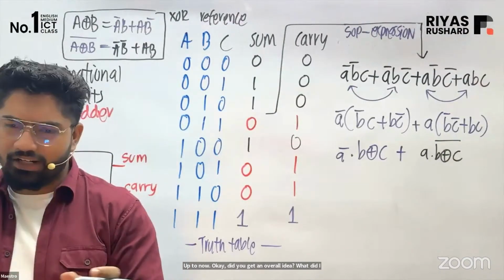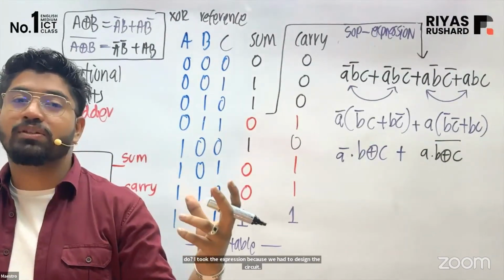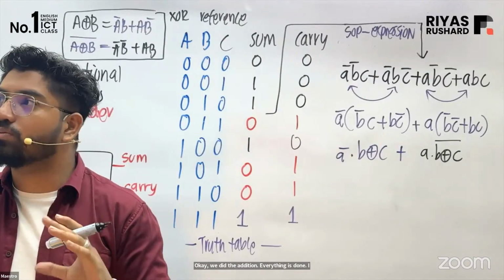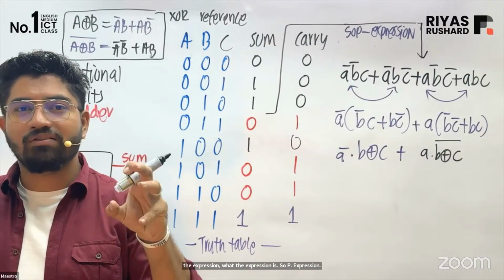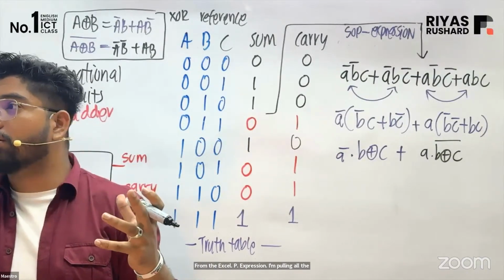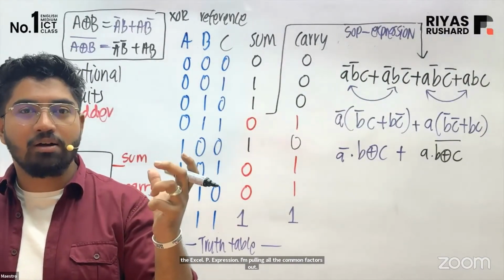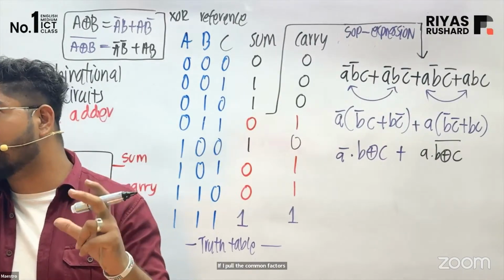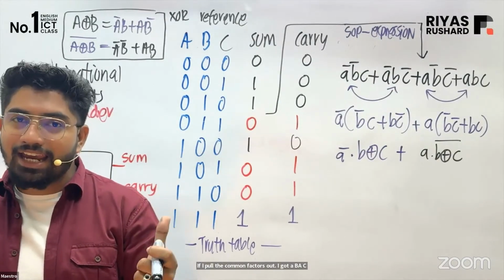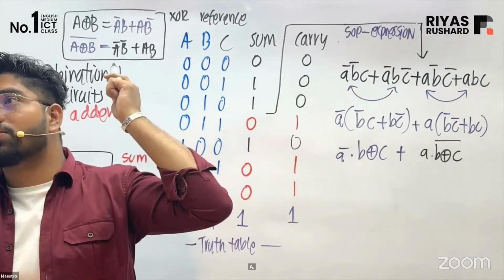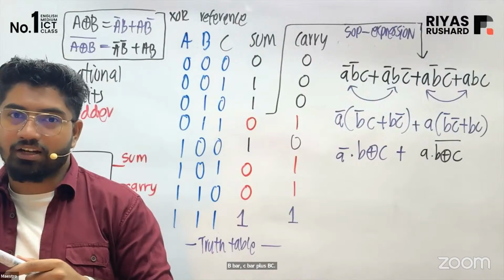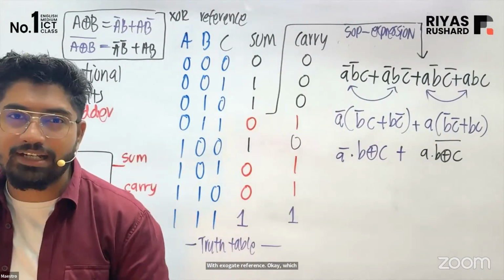I took the SOP expression and pulled all the common factors out. I got A bar B bar C plus A bar B C bar, A B bar C bar plus ABC, with XOR reference, which is from a truth table and all the basics.